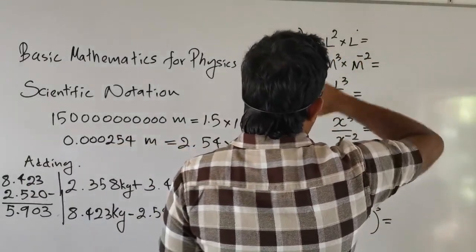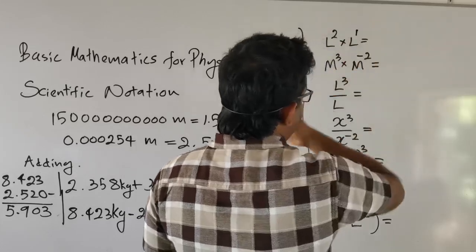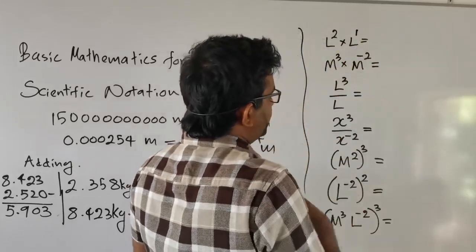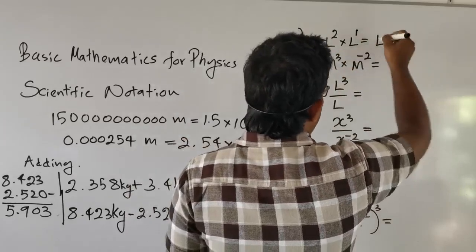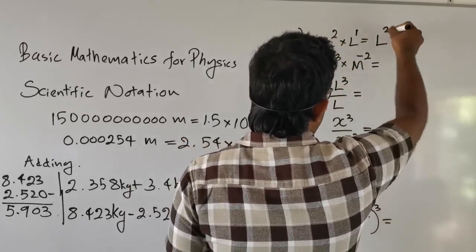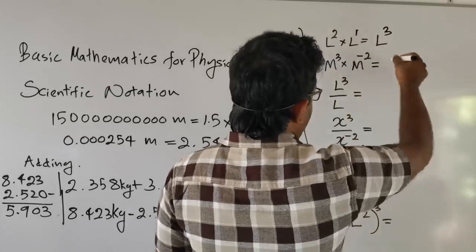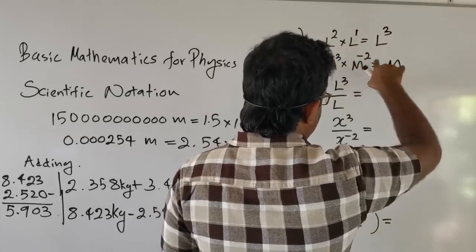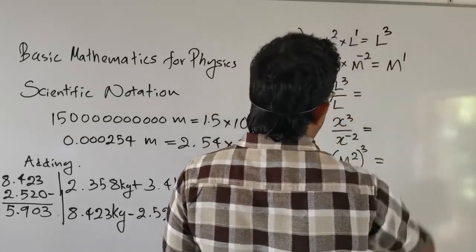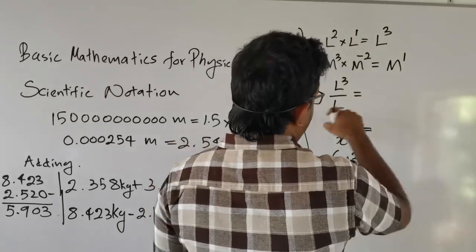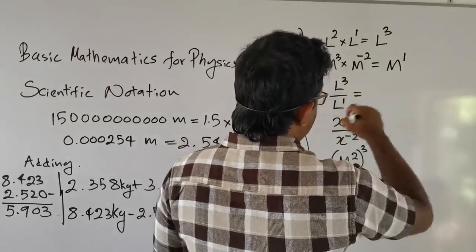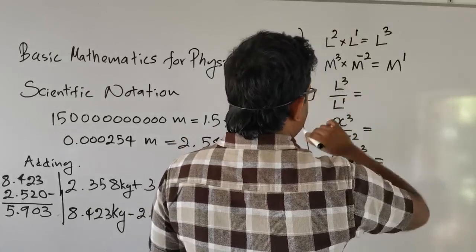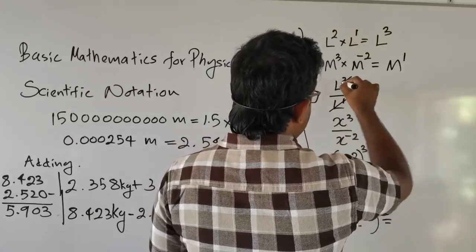The same base is there, so the powers are added when we multiply them, right? Then L to the power 2 plus 1, that is 3, and here M to the power plus 3 minus 2, that is 1, right? Then here we have L to the power 1. Then we can simplify this, right?